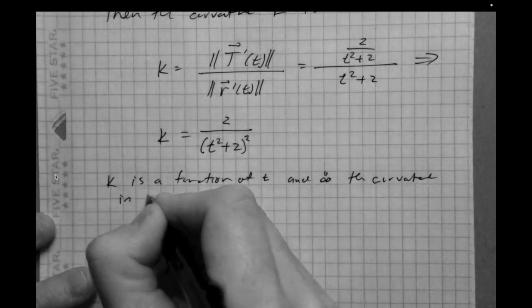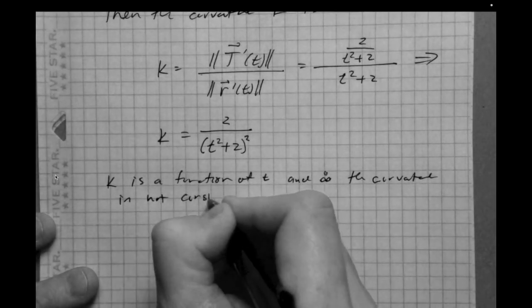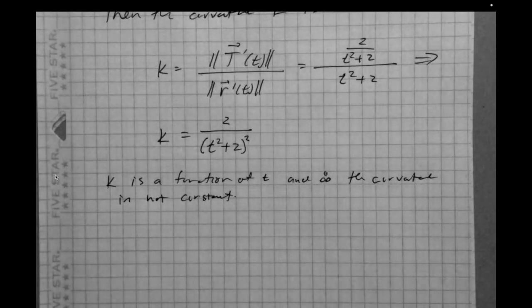Remember when we looked at the circle, we saw constant curvature, and specifically K was equal to 1 over r, r being some constant value, the radius of the circle. But in this case, K is not a constant. It depends on where you're at on the curve, naturally. And so you can see that in the expression of K as 2 over (t squared plus 2) quantity squared. For different values of t, the curvature would be larger or smaller.